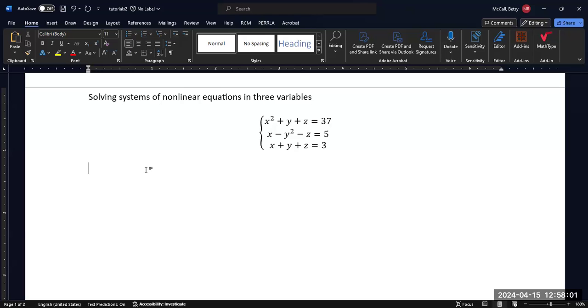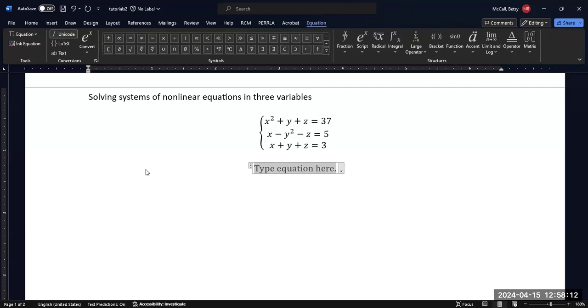Now, in this particular example, we have a minus z in one equation, and we have a plus z in the two other equations. So my first strategy is going to be, I'm going to add the first equation to the second equation, and I'm also going to add the third equation to the second equation, because that's going to get rid of the z for me.